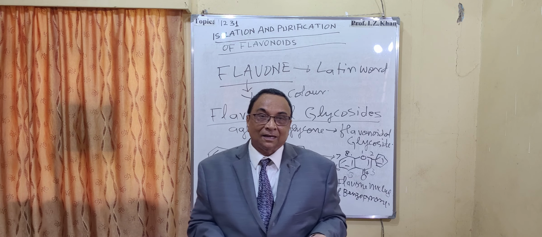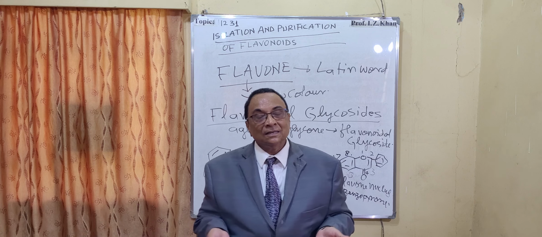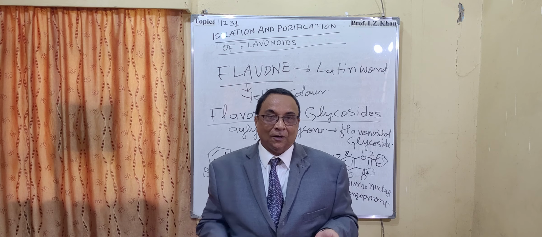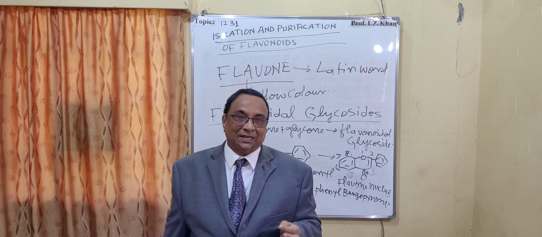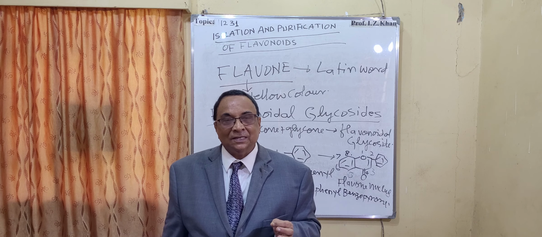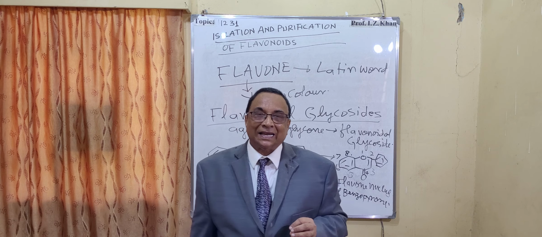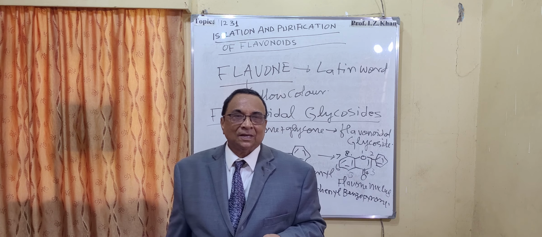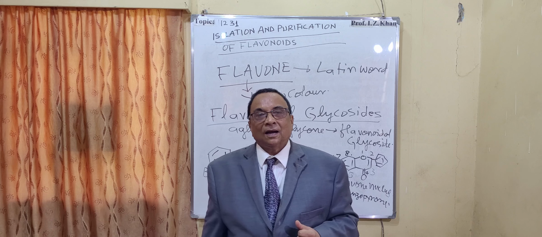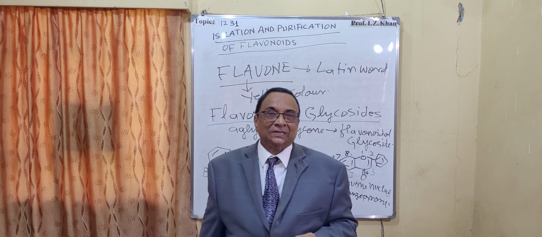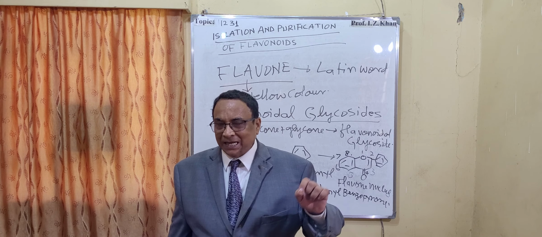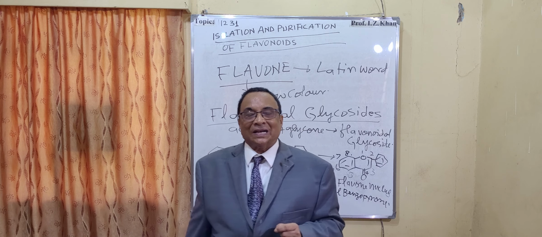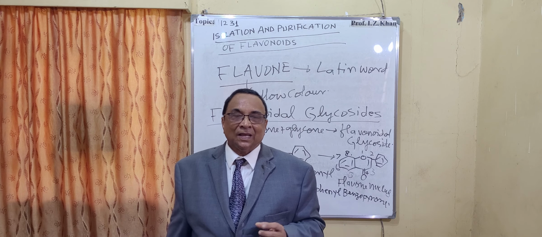Now, once you know about the flavone nucleus, how do you test in which plant material it is present, or whether there is a flavone molecule? For that there is a specific test. You take the alcoholic extract in a test tube, a few milligrams dissolved in ethyl alcohol, add a few pieces of magnesium chips, and along the side of the test tube very gently add a few drops of concentrated sulfuric acid.